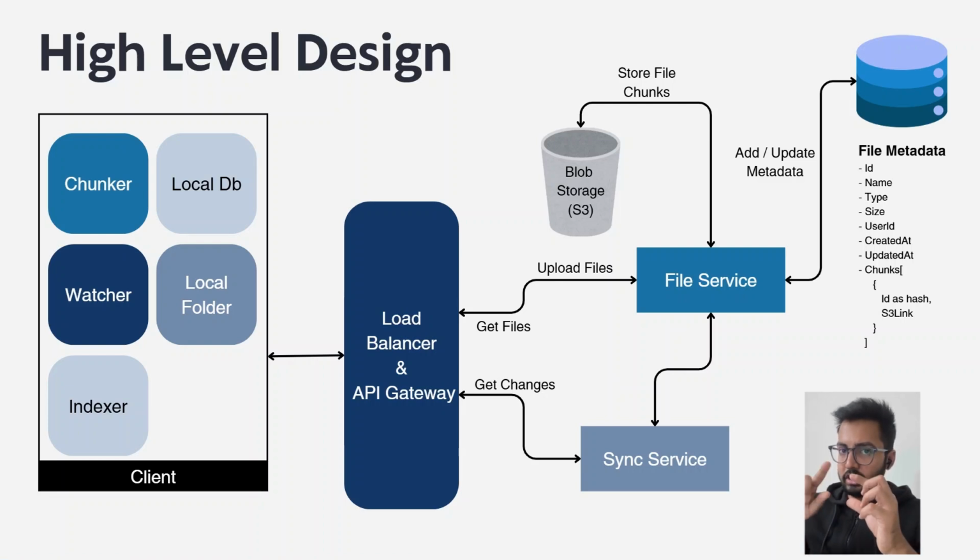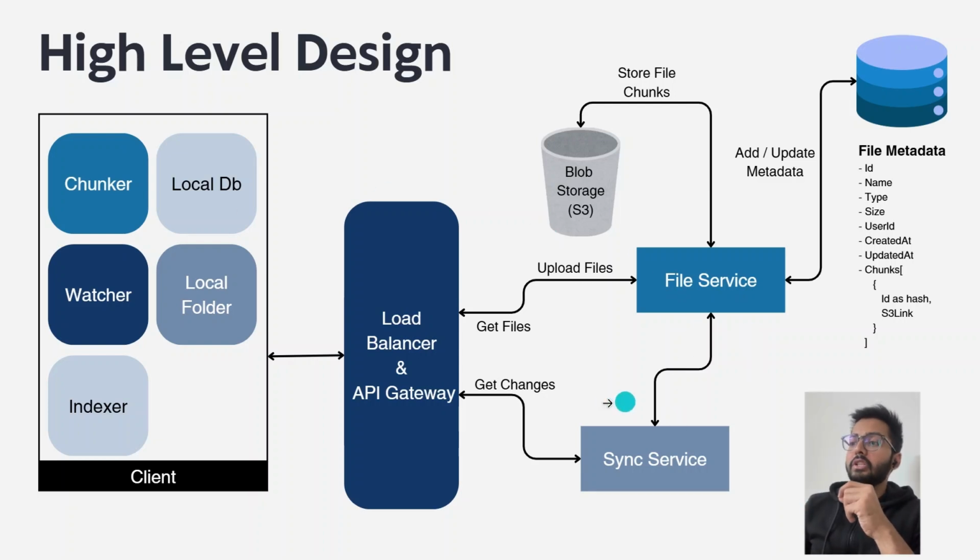All those changes from user A which the sync service got would then be processed through the file service, and the information in the metadata would be updated, and the blob storage would also be updated. Now the local DB of user B and other users should also be updated, because user B has an old file in his or her local system, but the cloud has been updated with the new file.